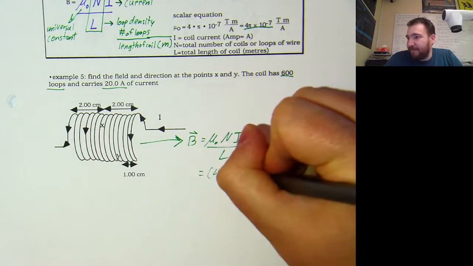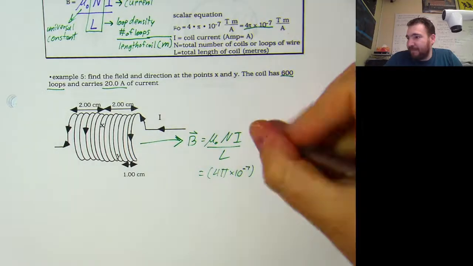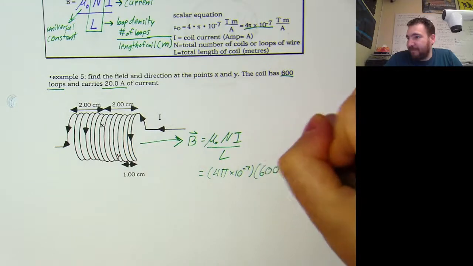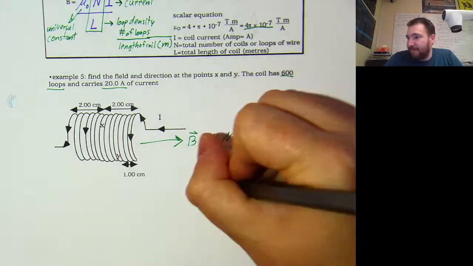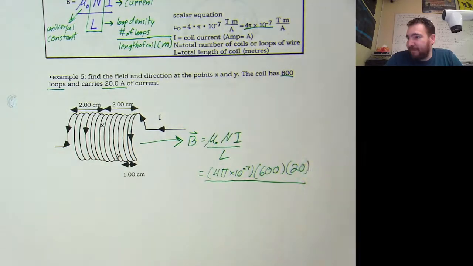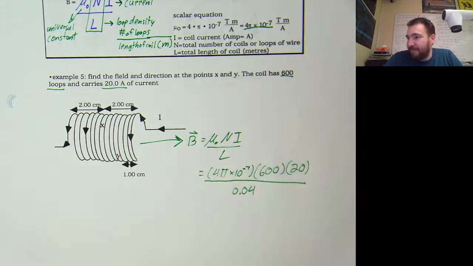4 pi times 10 to the negative 7 times the number of loops, 600, times the current in those loops, 20 amps, divided by the length of my coil, and that coil has a total length of 4 centimeters. 0.04.